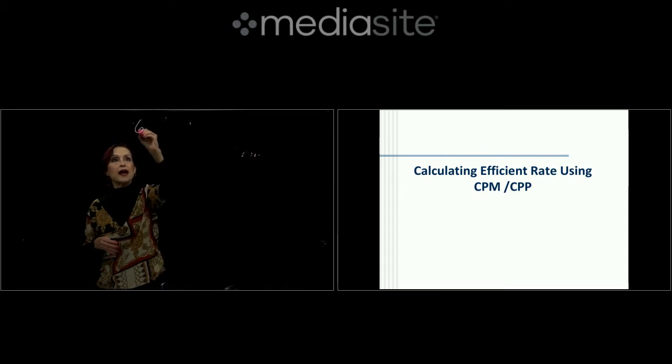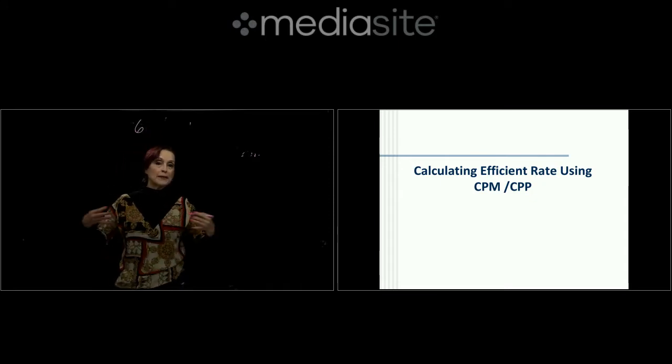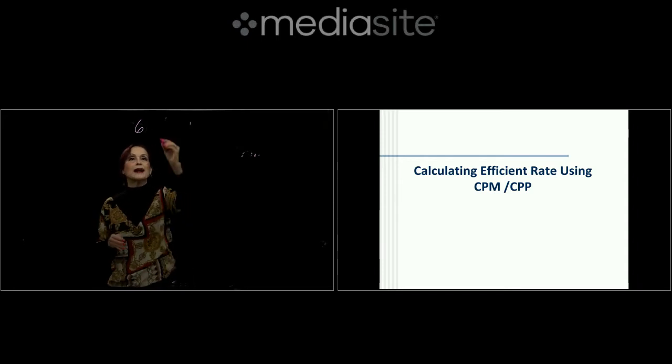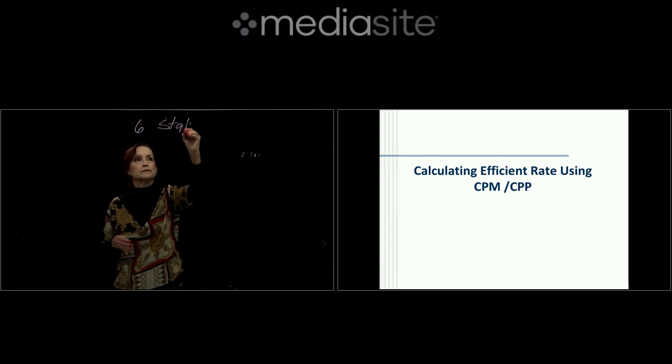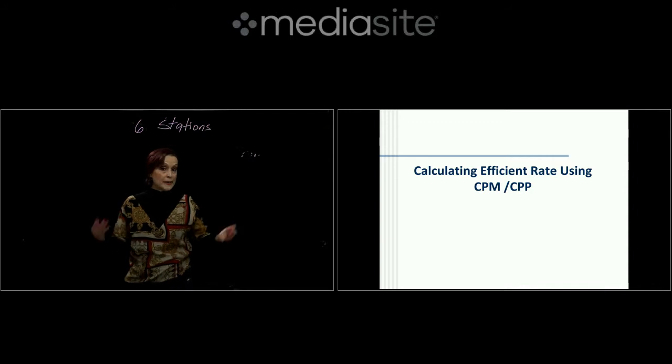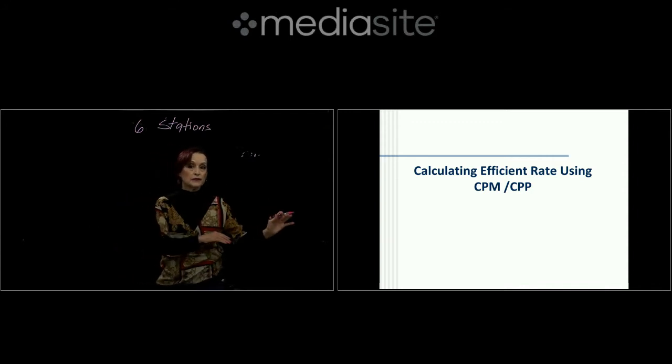So let's say that this particular media budget is in this particular spot market that has 6 stations or 6 TV stations. So the spot market being bought has 6 television stations.